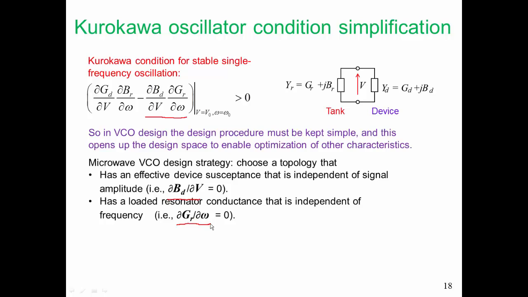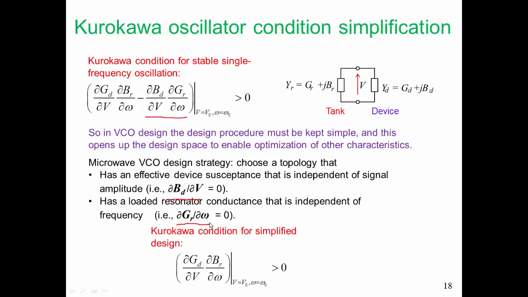Now we cannot set both of these to be exactly equal to 0, but if we make both of these derivatives approximately equal to 0, then our product term is going to be approximately 0 as well, even closer to being 0. So the Kurokawa condition for simplified design now becomes that simpler expression at the bottom.